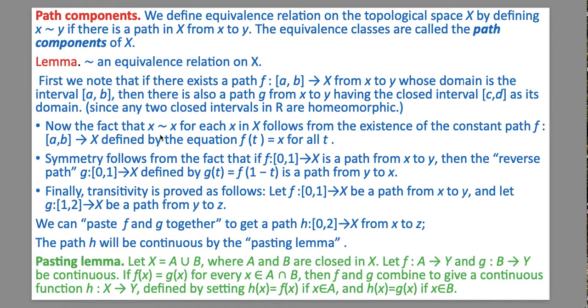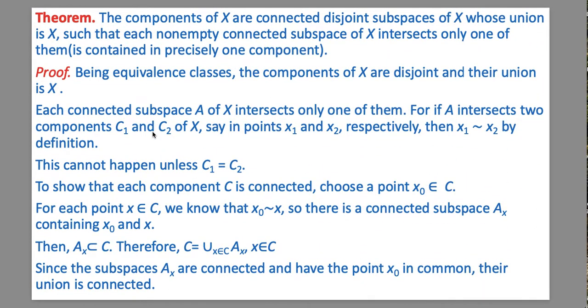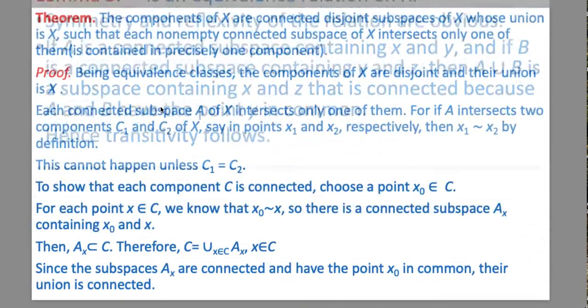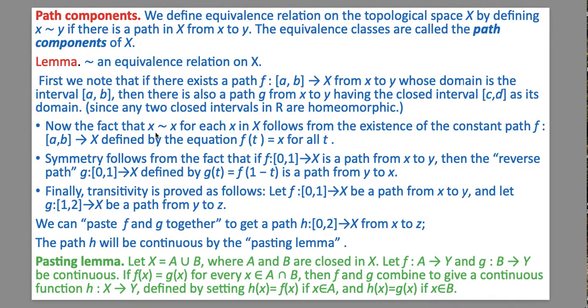Now, x is equivalent to x for each x in X, because there exists a constant path f from the closed interval [a, b] to X defined by f(t) equal to x for all t. It means this relation is reflexive.